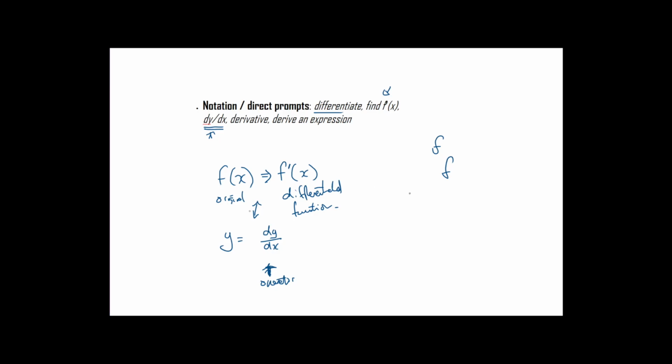One thing I do want to say is, don't get in the habit of using this funky looking d, or that kind of looking d, or triangles, or something like that. Don't be using those if you can. Stick with d.